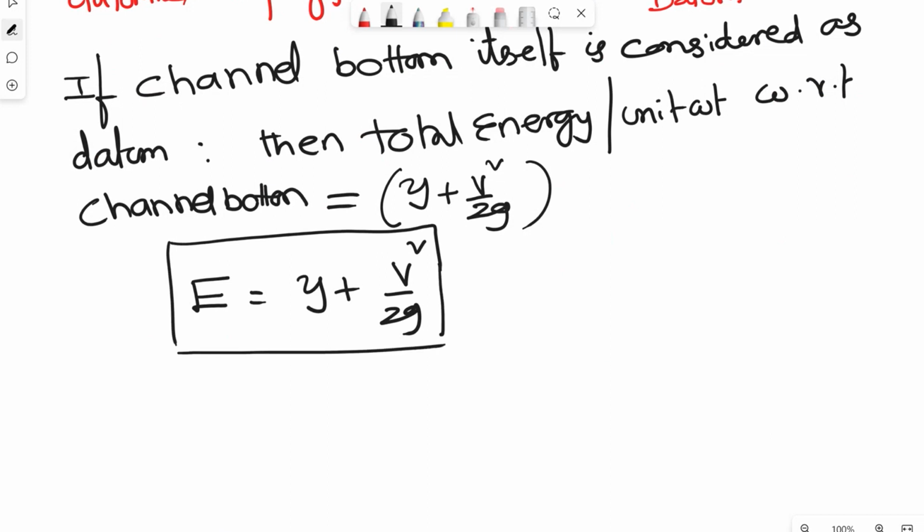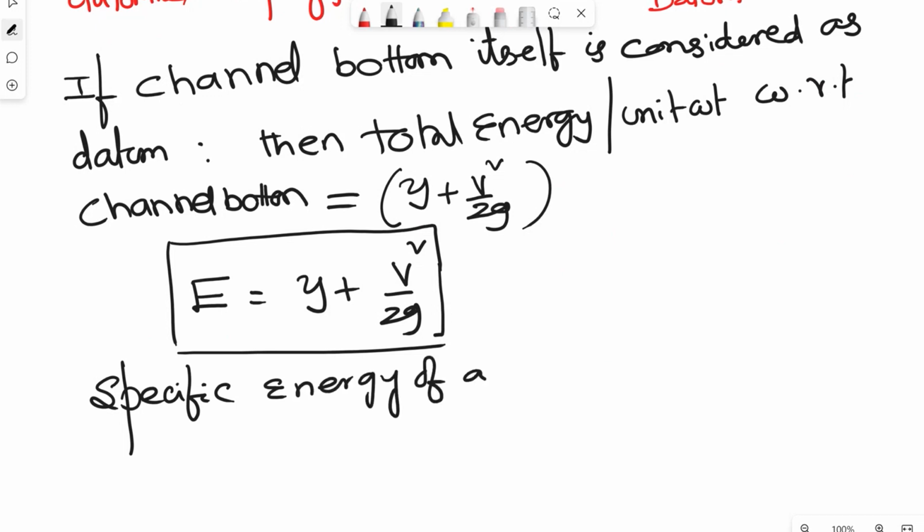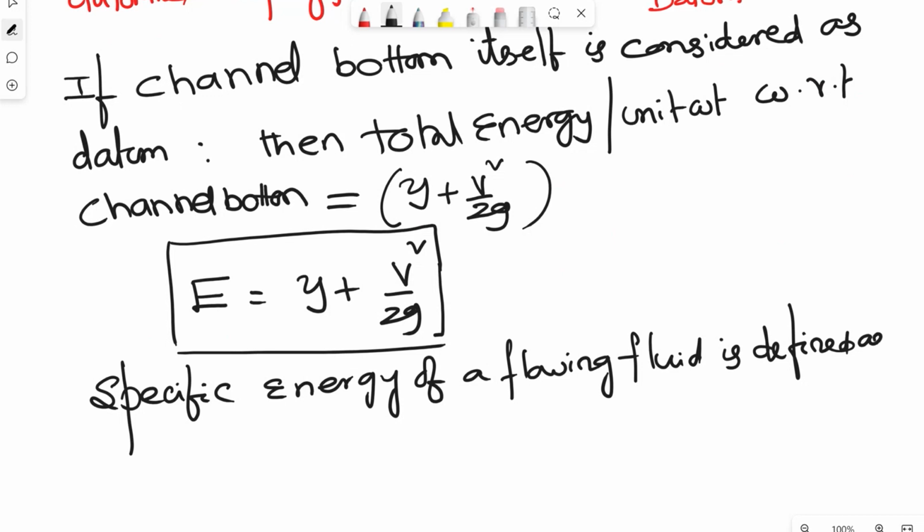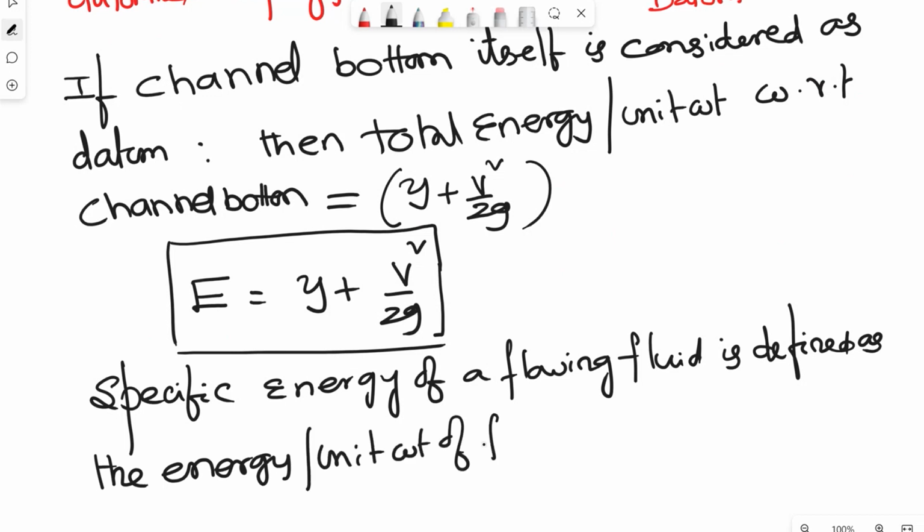How do you define it? Specific energy. Specific energy of a flowing fluid, very, very important, is defined as the energy per unit weight of fluid, measured with respect to the channel bottom as datum.